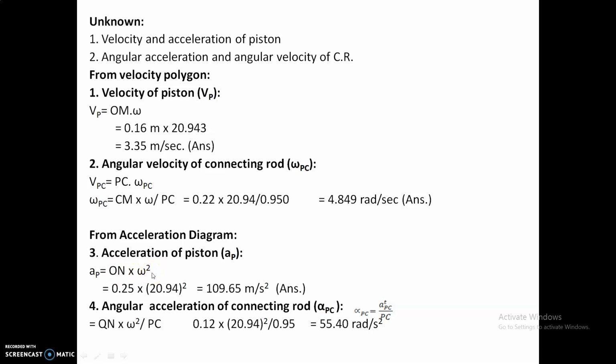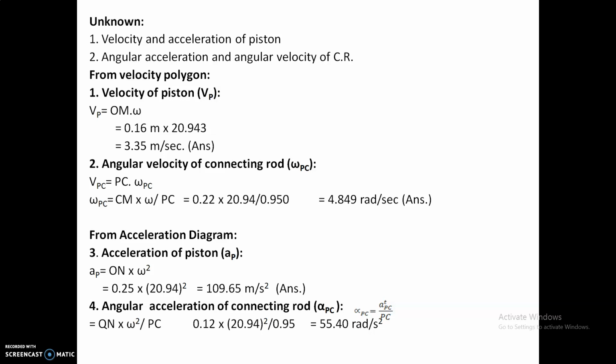ON you know from this quadrilateral OCQN; you take this length ON, multiply by scale, then multiply by omega square. The final answer comes to 109.65 meter per second square.